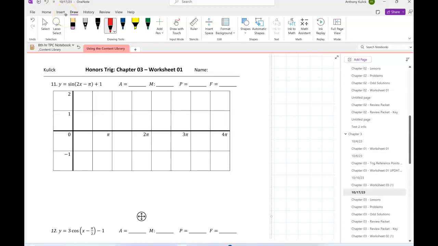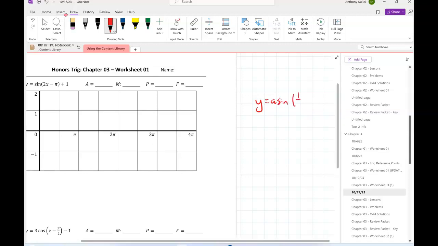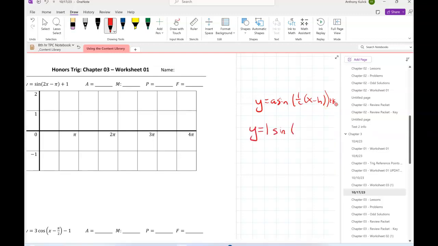So I'm going to start by trying to rewrite my equation in that transformation form. So I'm going to have 1 sine of, I'm going to have to factor off a 2.